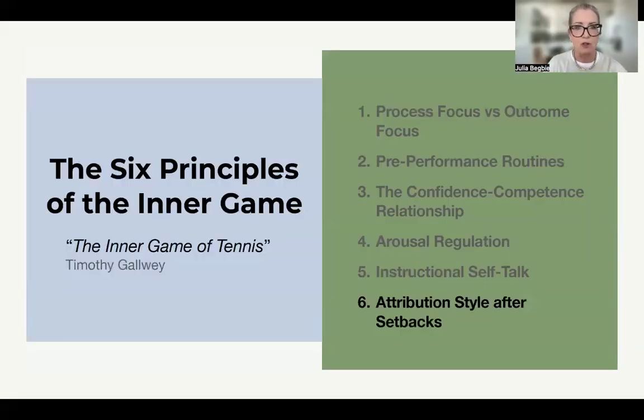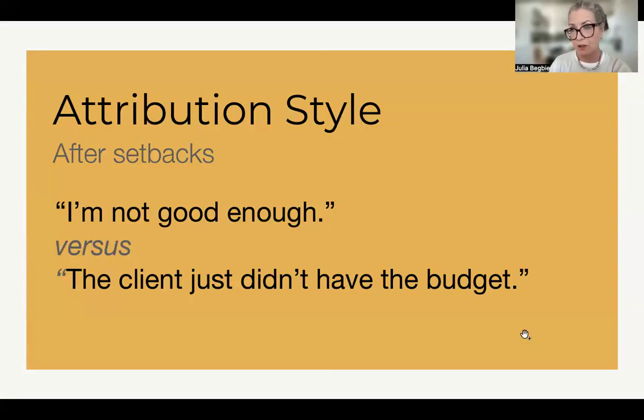Okay, attribution style after setback. So this is what we say to ourselves when things have gone wrong. In my bootcamp course that I run for experienced designers, we have what we call a blameless self-mortem.